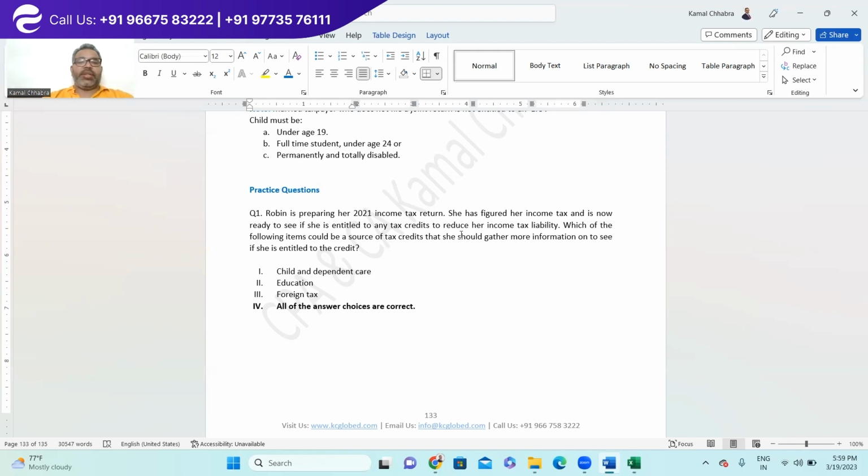So what things should she keep in mind to identify whether she is eligible for any tax credit or not? First is child and dependent care, second is education, third is foreign tax, and fourth is all of the above. What is the call of the question?